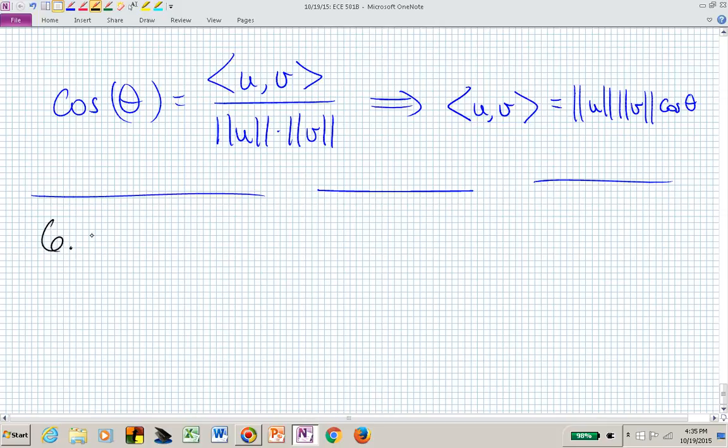Let's now look at what happens if we were taking the sum of the norms, and that's now leading us into the triangle inequality.